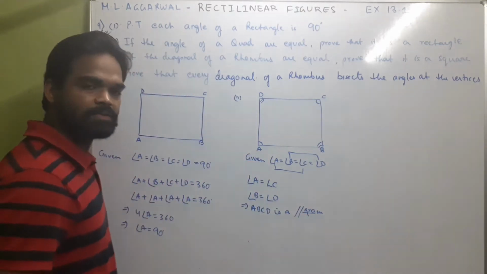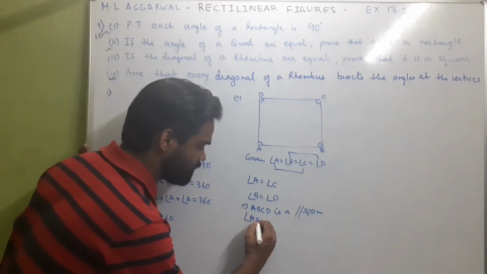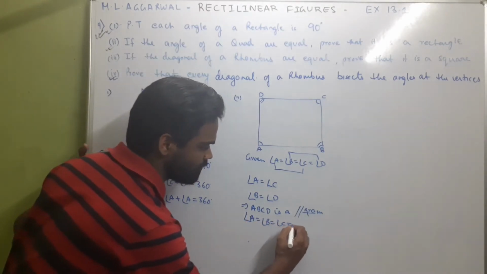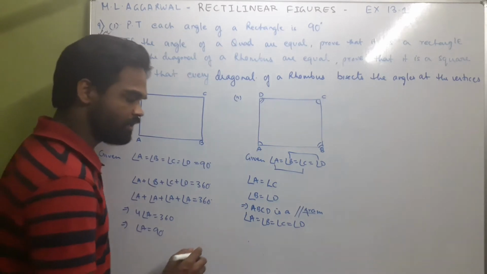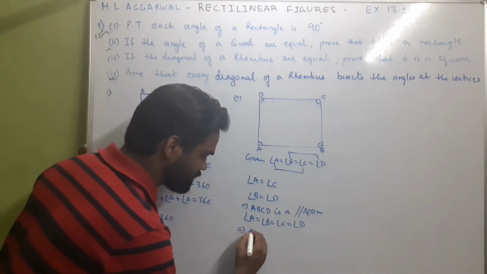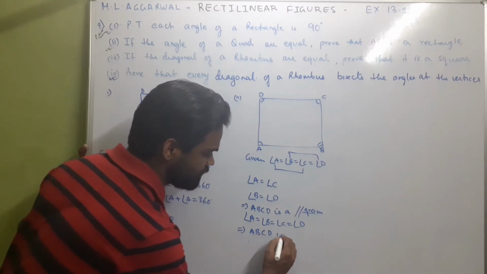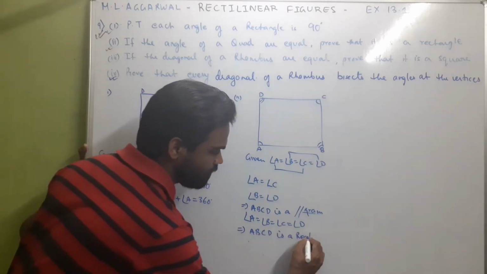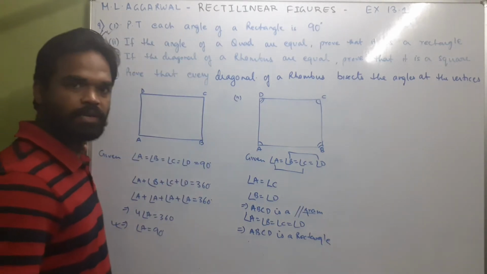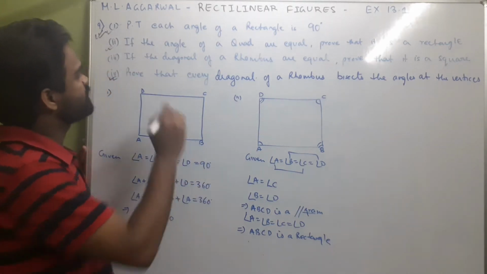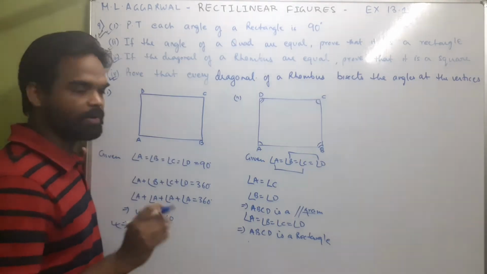Now all the angles are equal: angle A is equal to angle B, angle C, angle D. ABCD is a parallelogram and all the angles are equal, which simply implies that ABCD is a rectangle. Done.